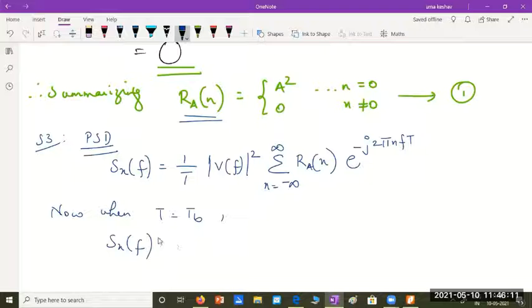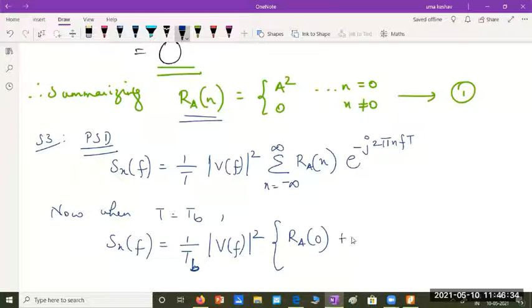Sx of f will be 1 by TB, here this T gets changed to TB, V of f whole square. And what will this whole thing be? I can write this as, I have only two values here, Ra of 0 plus Ra of n when n is not equal to 0.